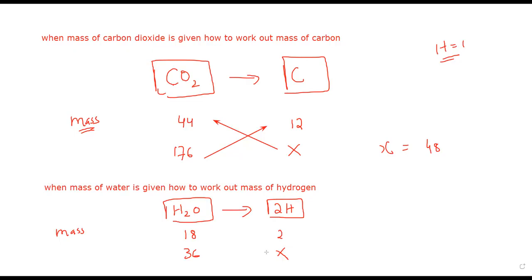So we cross multiply, 18 multiplied by X, it will be 18X. So 18X is equal to 72, or X is equal to 4. Is it clear how we worked out the mass of hydrogen and carbon in the compound? Is it clear to everyone?